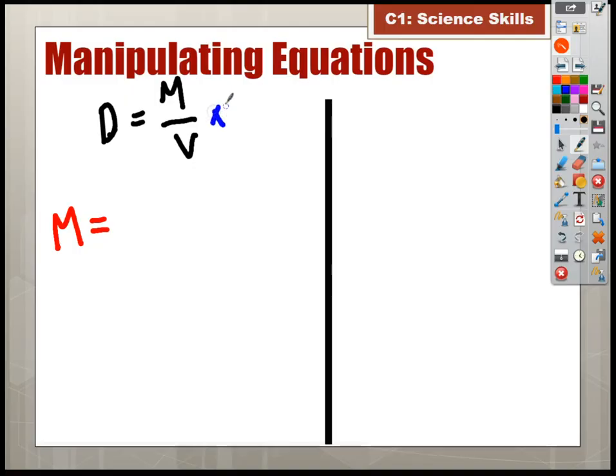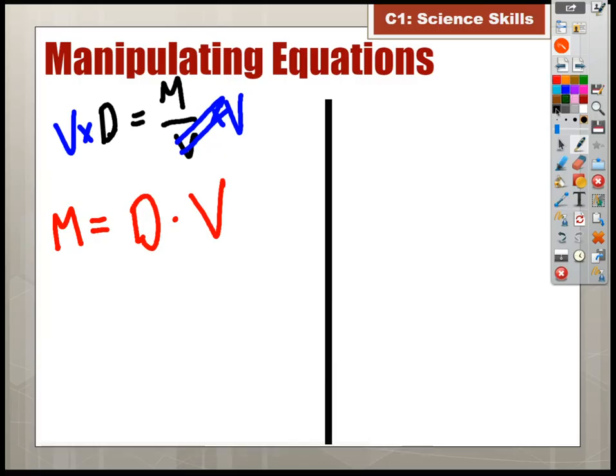To do that, we're going to times both sides by V, because what you do to one side, you have to do to the other. Since V is on the bottom, I want to get rid of it so that M is alone. So they cancel, and now I've got M equals D times V. So there's my first manipulation.